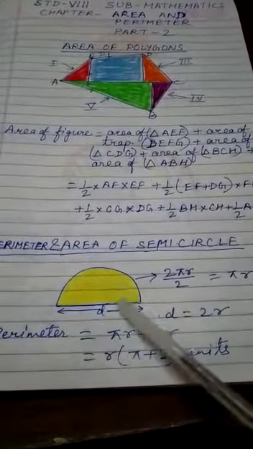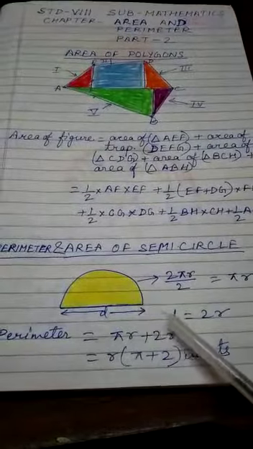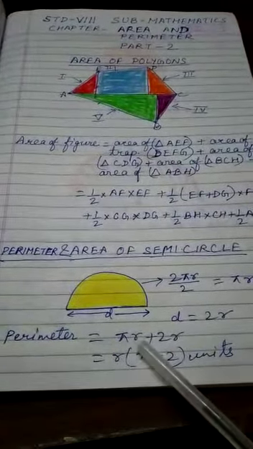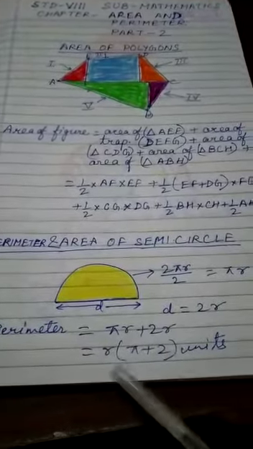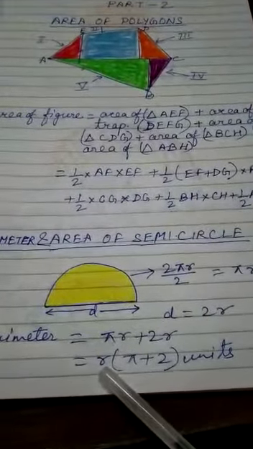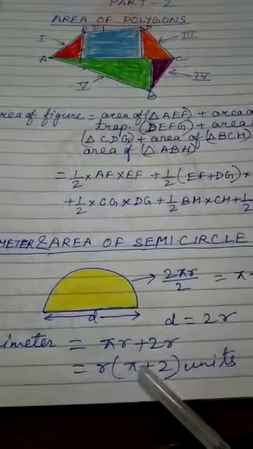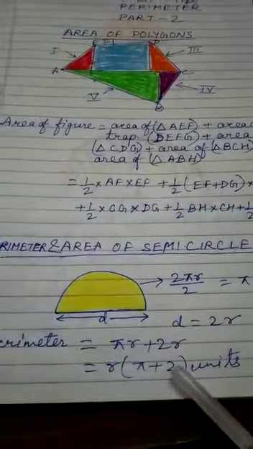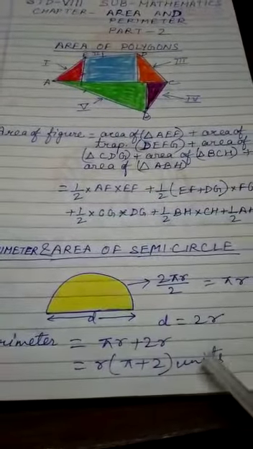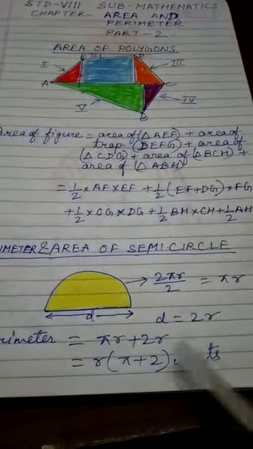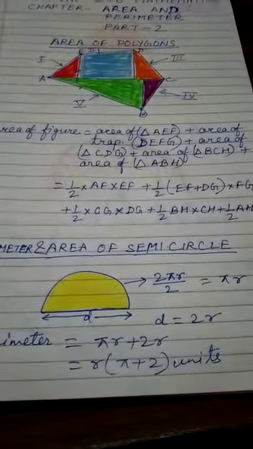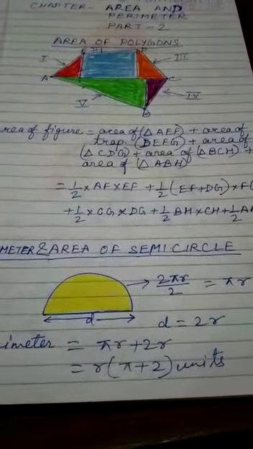And this is the diameter of the circle. Diameter is equal to 2r. So perimeter equals pi r plus 2r. So we can write it as pi plus 2 into r, taking r common. Area we find in square units, and perimeter we find in units, which may be in meters or centimeters.